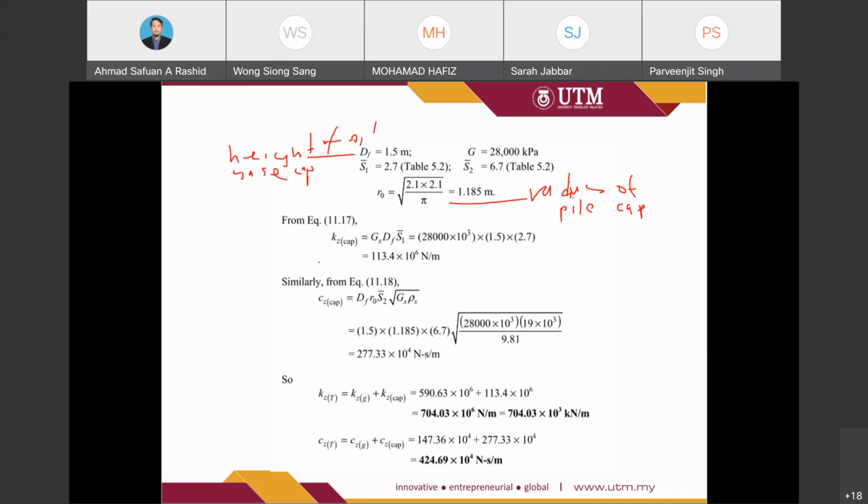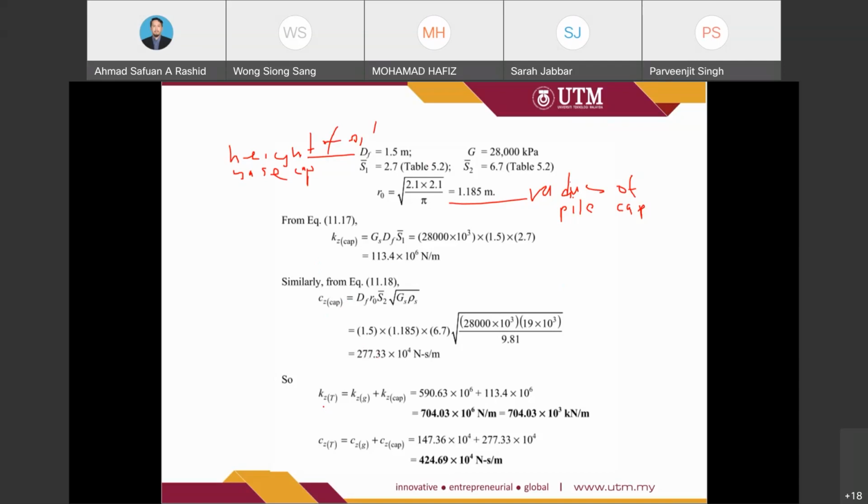Then we can get the KZ, where the KZ is Gs, Df, S1, 113.4. And then for the CZ, 277.33.